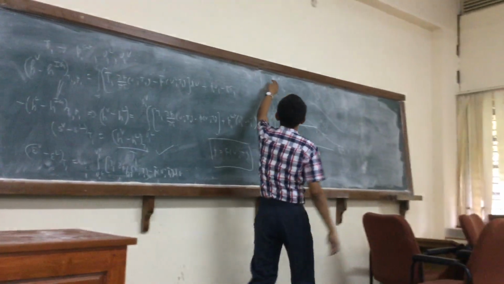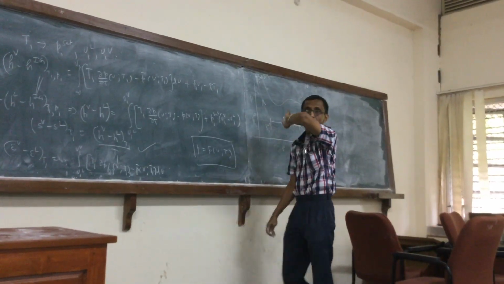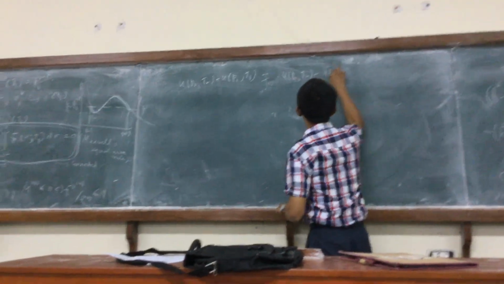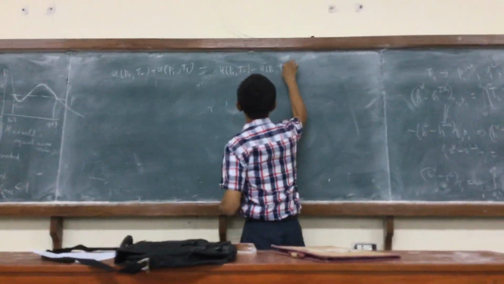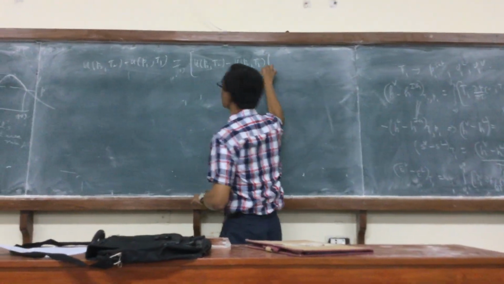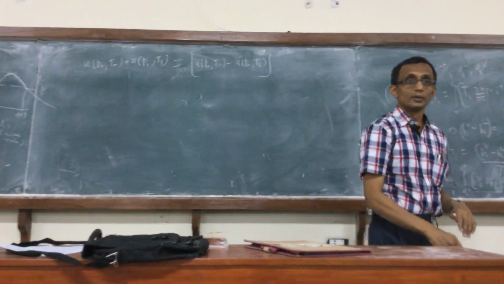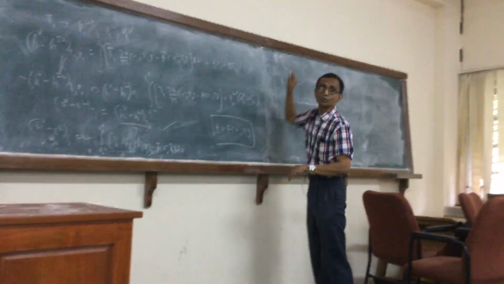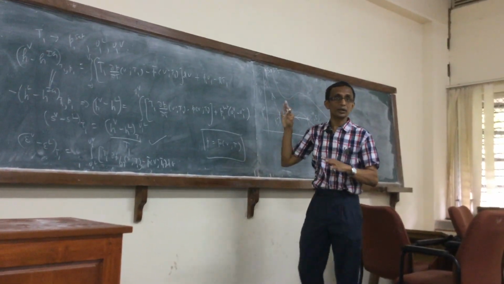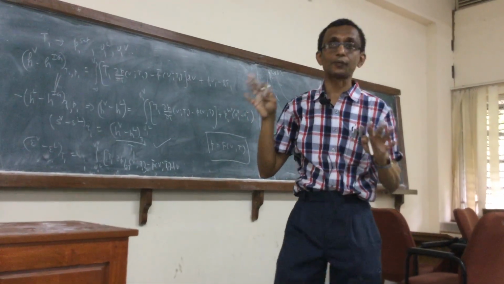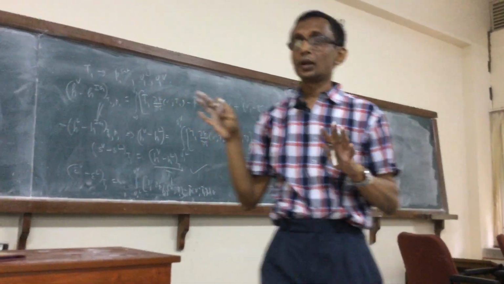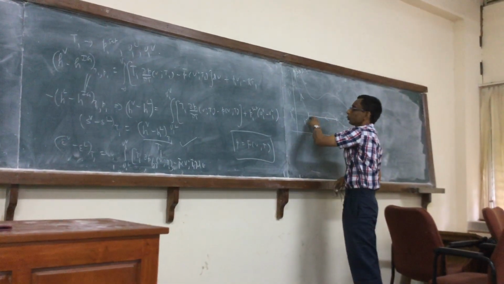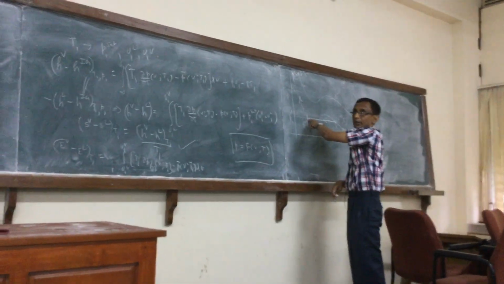So U of P2, T2. Now this is same pressure, but U of P2, T1 minus. That is one part. That will give the change between these two states. That you can clearly see is entirely in the liquid phase. Now the other one, so I am now coming from P2 to P1 sat, right?